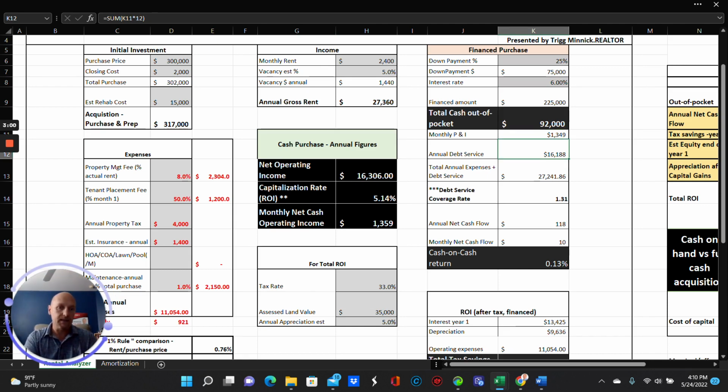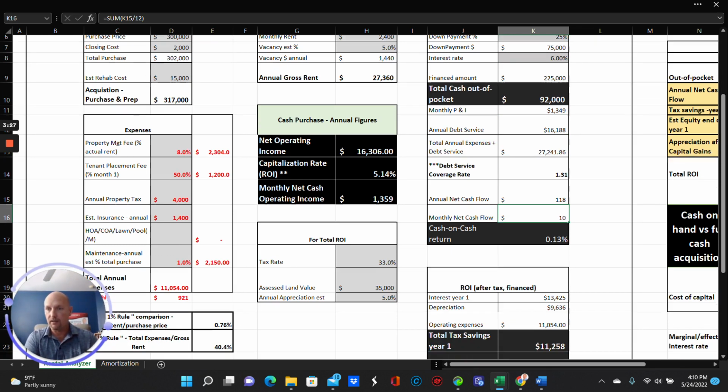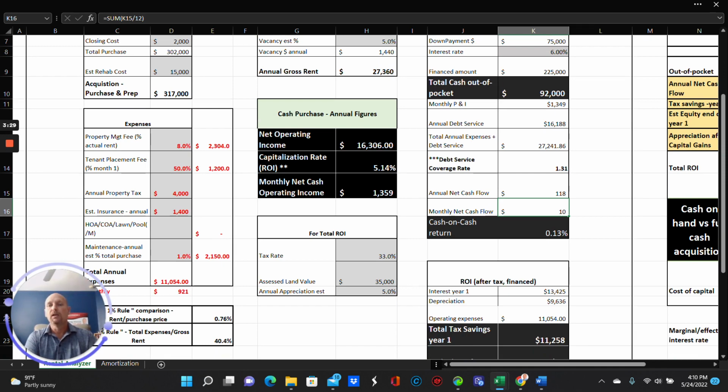We're going to add in our expenses to get to our debt service coverage and our debt service coverage ratio, and that is a big factor in what lenders will look at when they are lending for investment properties in many cases. So you see here our net cash flow is really low, almost non-existent, when we're financing the same property that was giving $16,000 in net operating income.